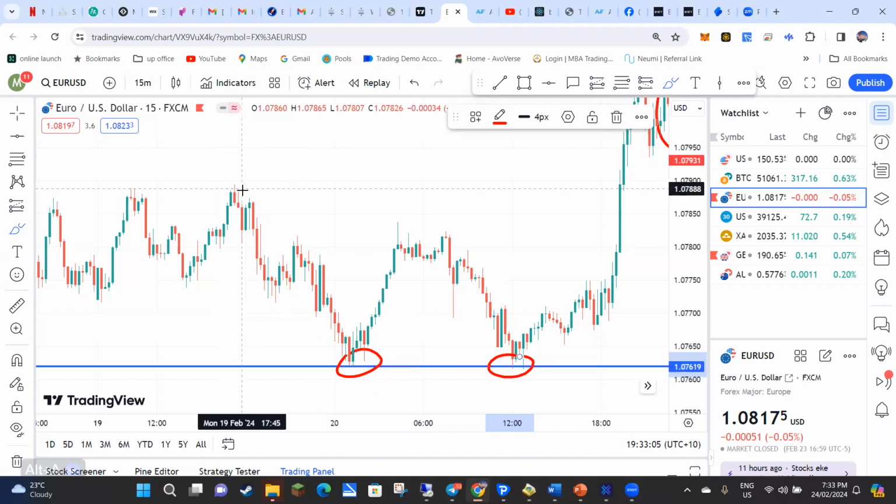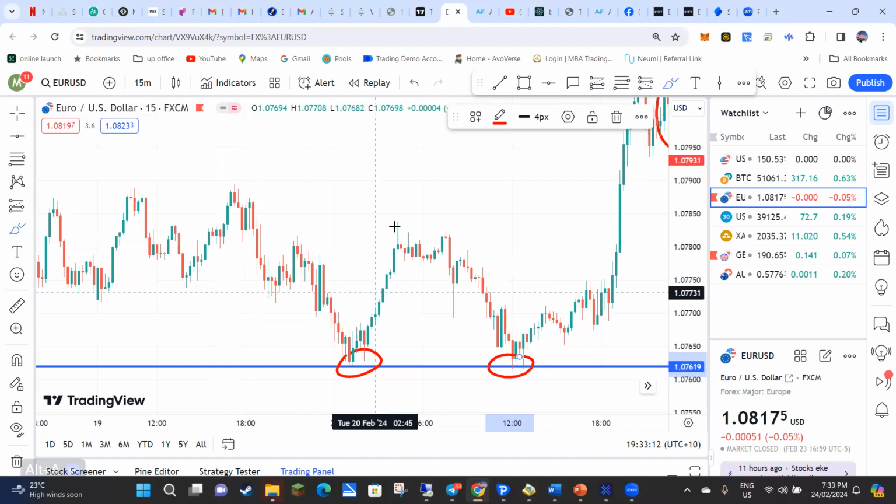But with our high and our lower high, the next time we formed a higher high. So the market structure has changed. And then the next time we formed a low, it wasn't a lower low, it was just the same height low. So that's what we term a double bottom.